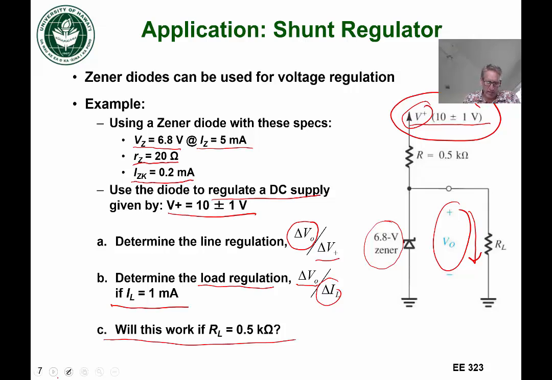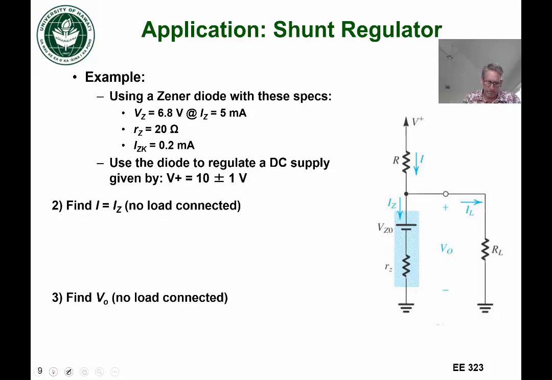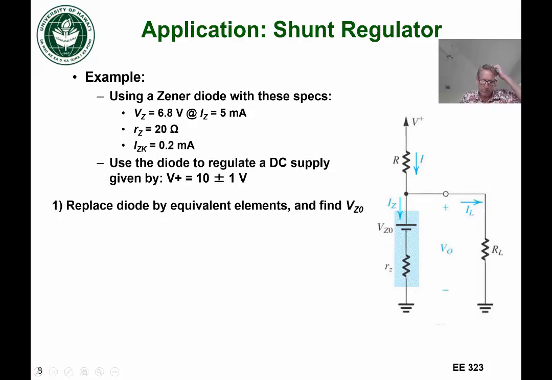Okay, so let's get started here. The first thing we're going to do is replace the Zener diode with our linear equivalent circuit, which has a fixed DC voltage, VZ0, and a resistance RZ.